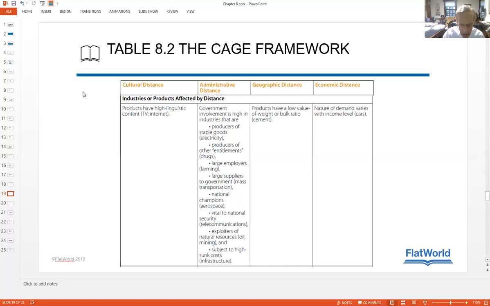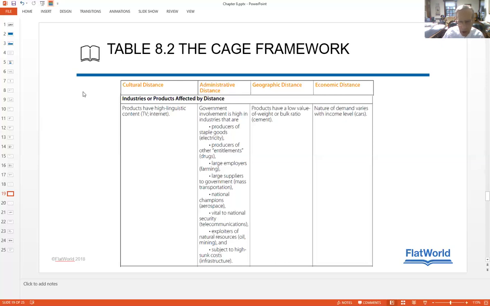And in different countries, different rules and regulations apply, and they throw up administrative barriers to entering those countries. We've already talked about the geographic distance and the impact that can have on products that are expensive to transport, such as cement.